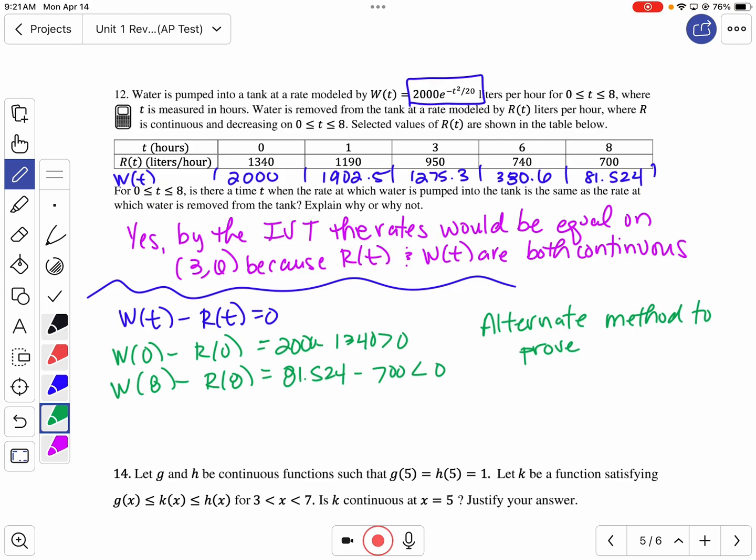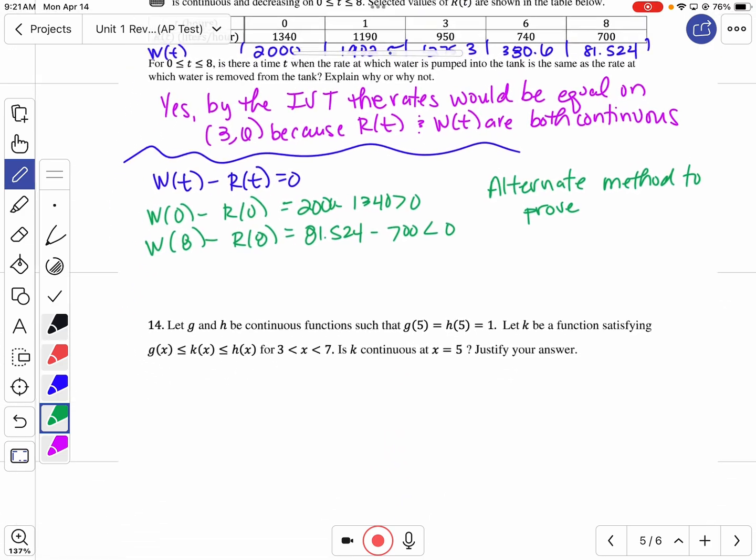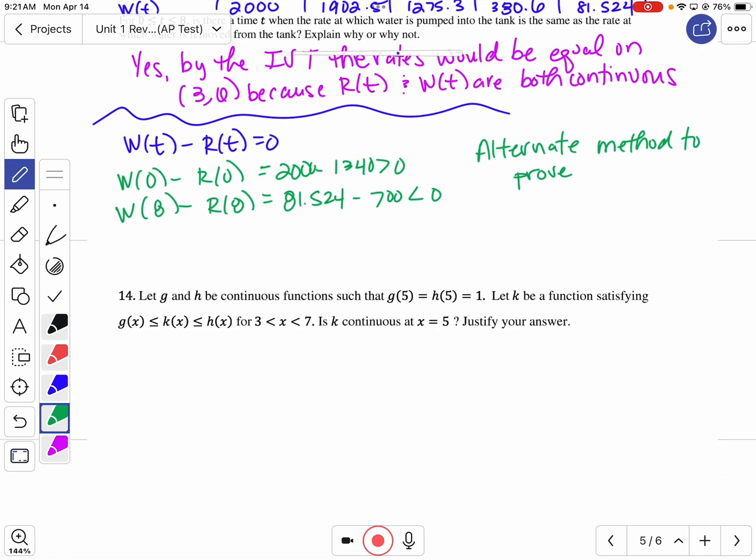All right, last one. They like to do lots of things with continuity and defining functions in lots of different ways. So it says, let G and H be continuous functions, that's important, such that G of 5 equals H of 5 equals 1. In other words, G at 5 is equal to 1 and H at 5 is equal to 1.